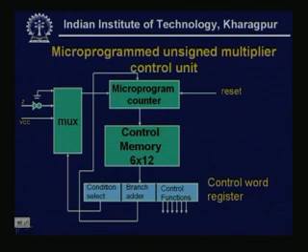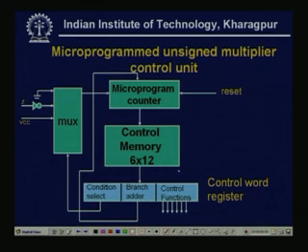The unsigned 4 by 4 multiplication uses repeated addition and the result is assumed to be 4 bits wide. Now, to implement this microprogram, we can think of the hardware organization of the control unit like this.